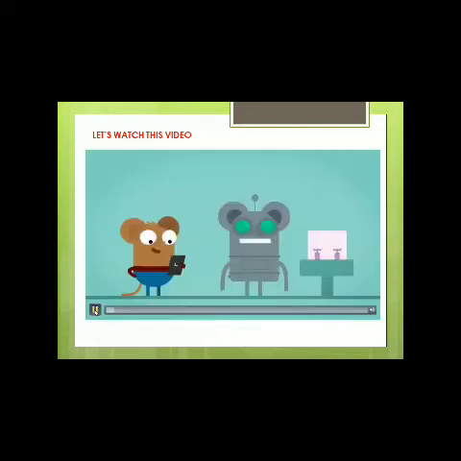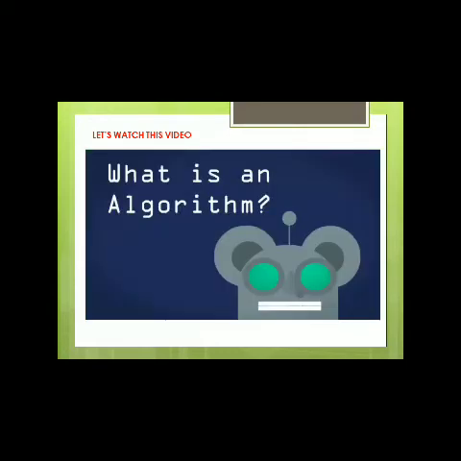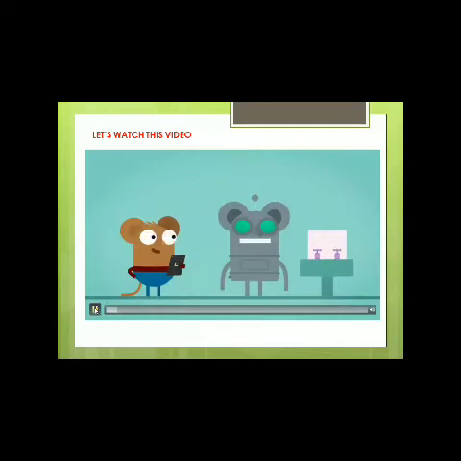So now in this video, we have seen what an algorithm is. With this video, I think you have a picture in your mind of what an algorithm is. It is a step-by-step instruction which we give to a computer.